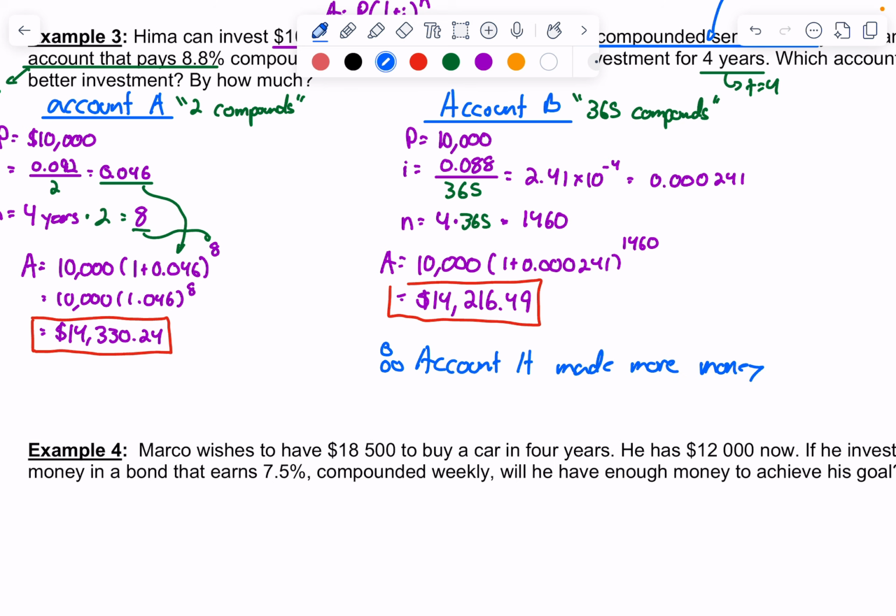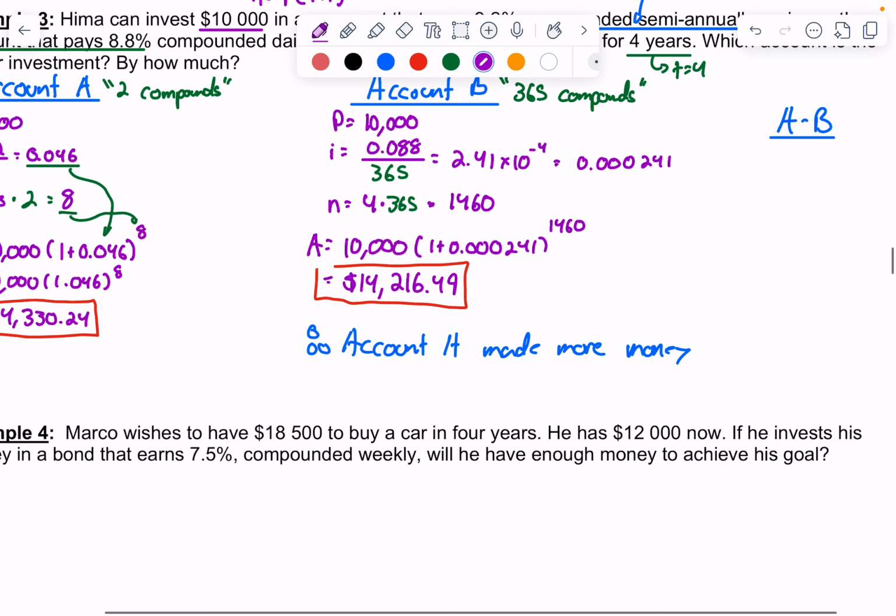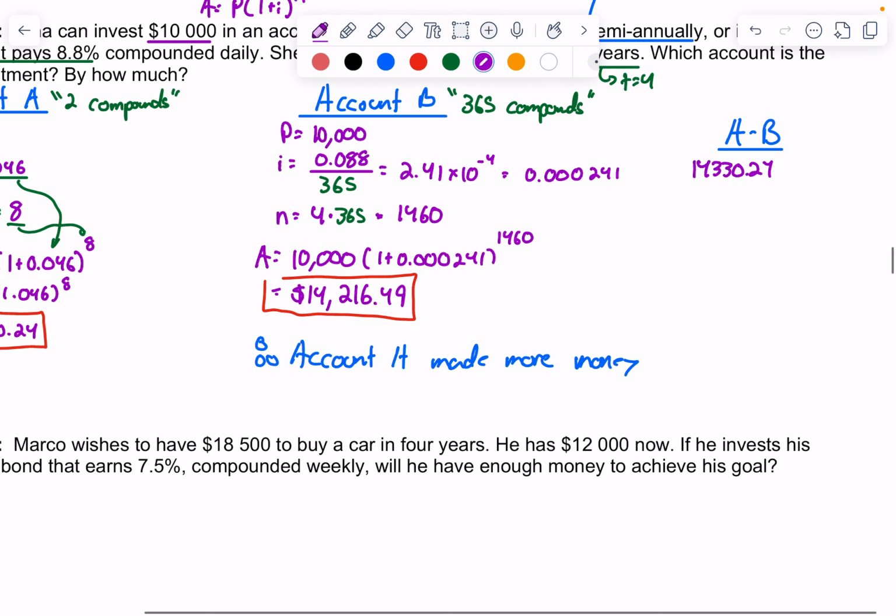And it asks by how much? Well, let's subtract those two. So A minus B, right? We have 14,330.24, and we're going to subtract 14,216.49. What does that give us?